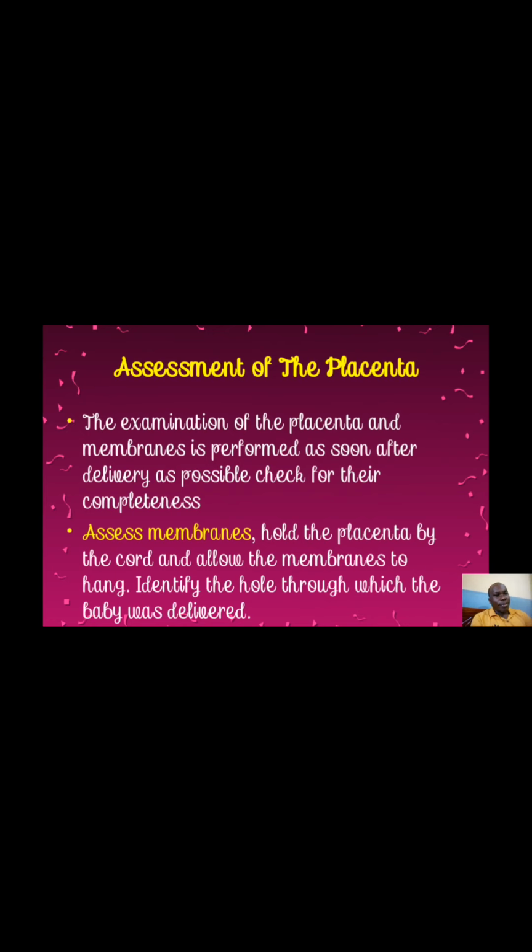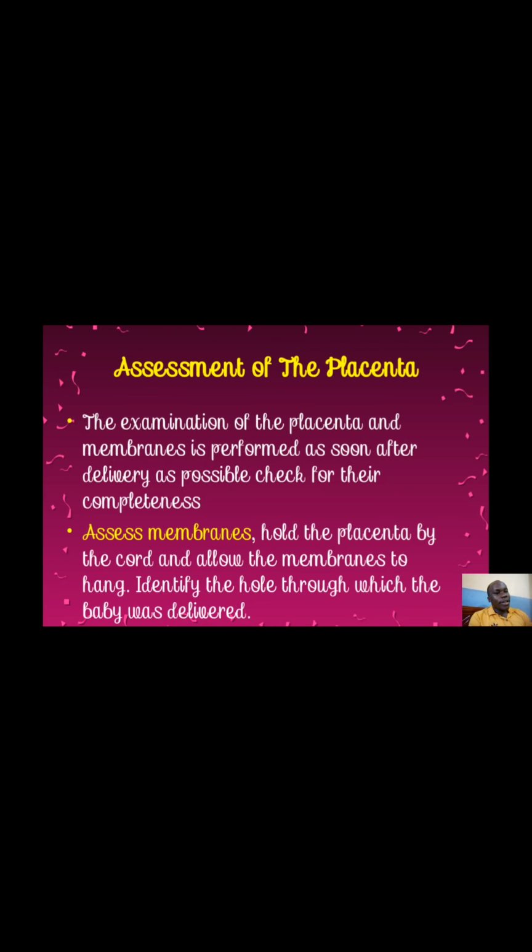The examination of the placenta and its membranes is performed as soon after delivery as possible to check for completeness. Kwamba baada tu ya placenta kuzaliwa lazima tu check kama je imetoka yote au kuna vingine vimebaki.